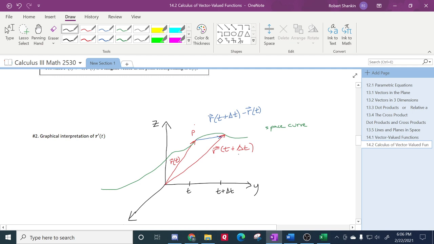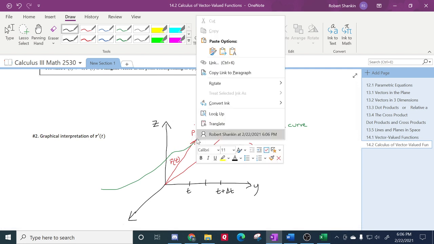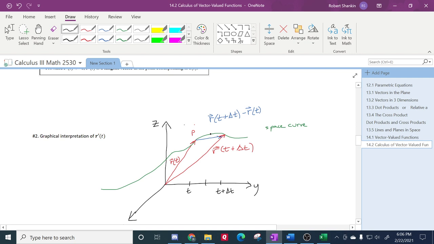Now we're going to take the limit as Δt goes to 0. That moves this second point closer to this first point. Maybe the next time it's going to be halfway over here. And that's going to put the second point up here. And then this is going to be this vector now.